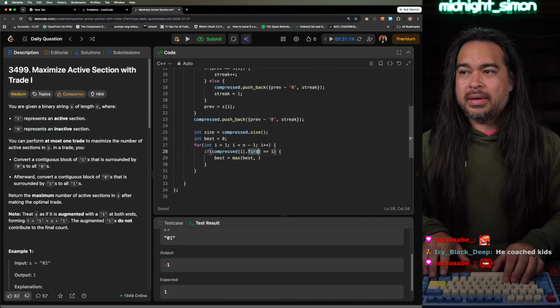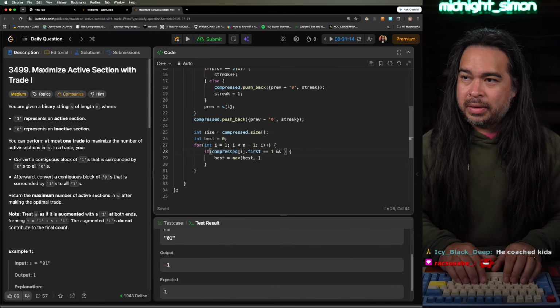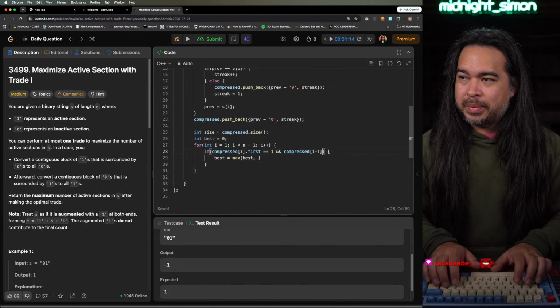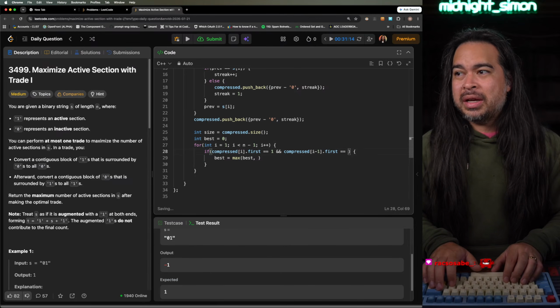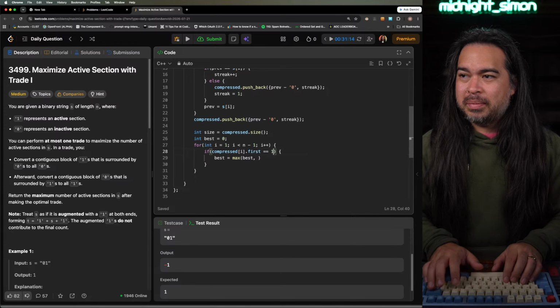Wait. It has to be surrounded. So if it's a 1 and compressed i-1, can I assume that they will be zeros and I can just check? Maybe I don't need to do that check.